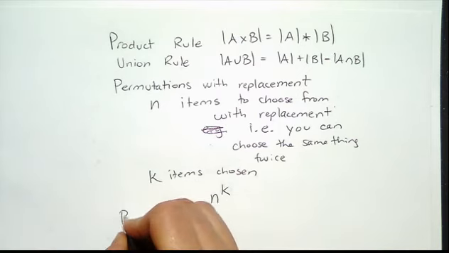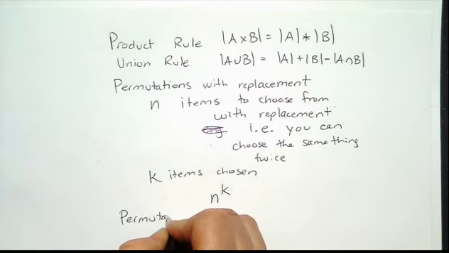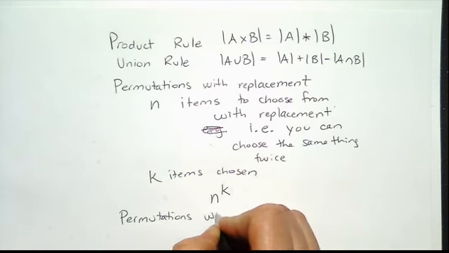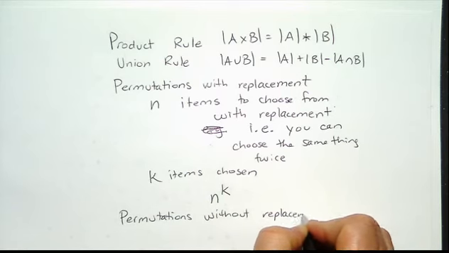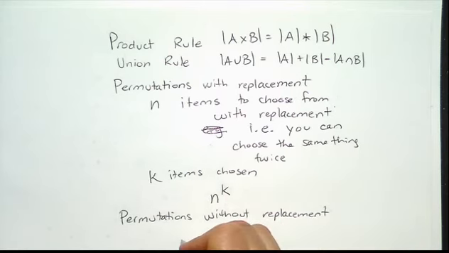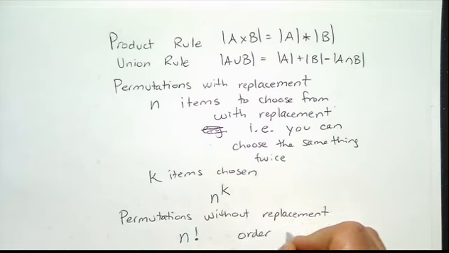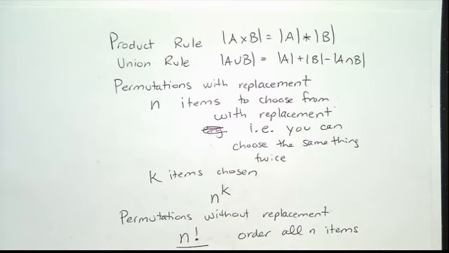So permutations without replacement, that was like our race problem. If I just order all n items and none of them can repeat, well, that's what I get.